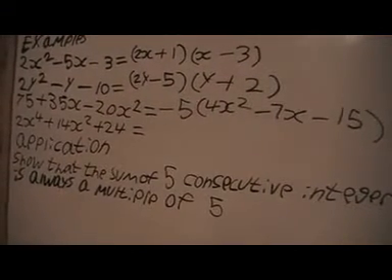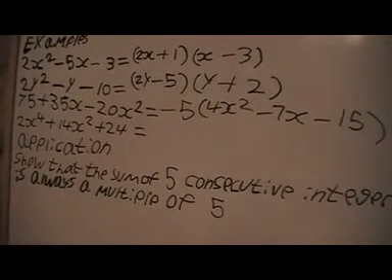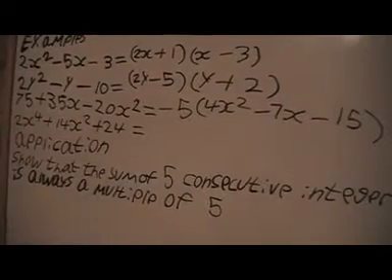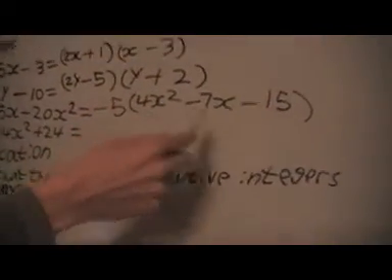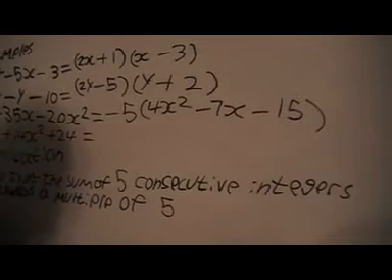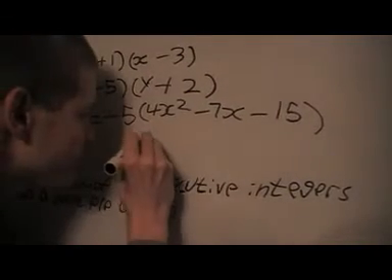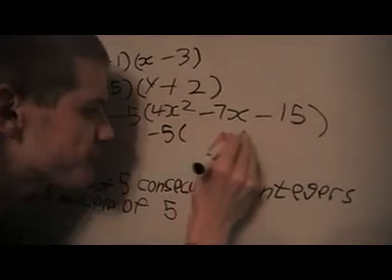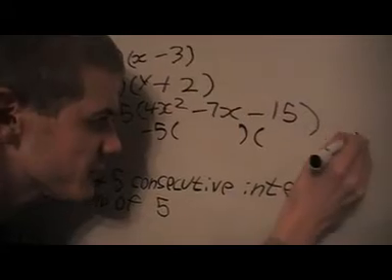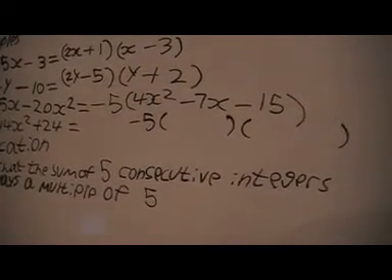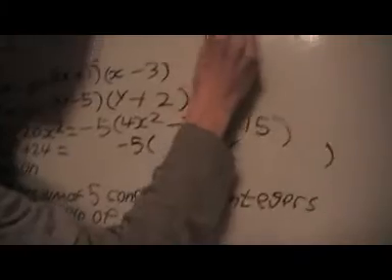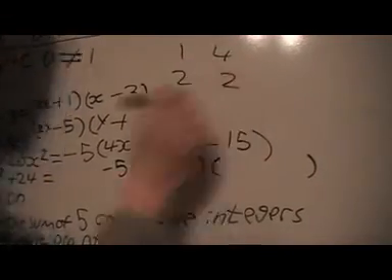And then there's going to be one more step, which will obviously be to factorise this expression here. Notice this time we've got 2 possibilities. To make the 4x squared, we've got a 1 and a 4, or 2 and 2.